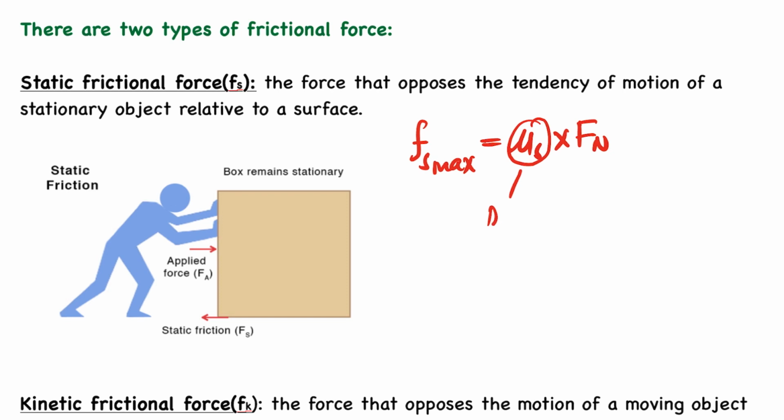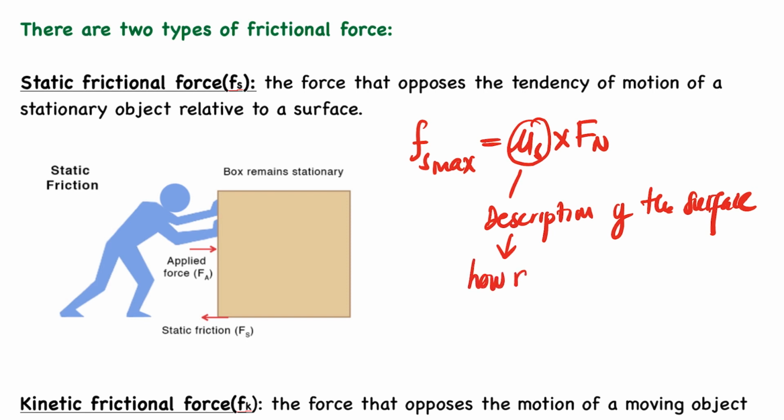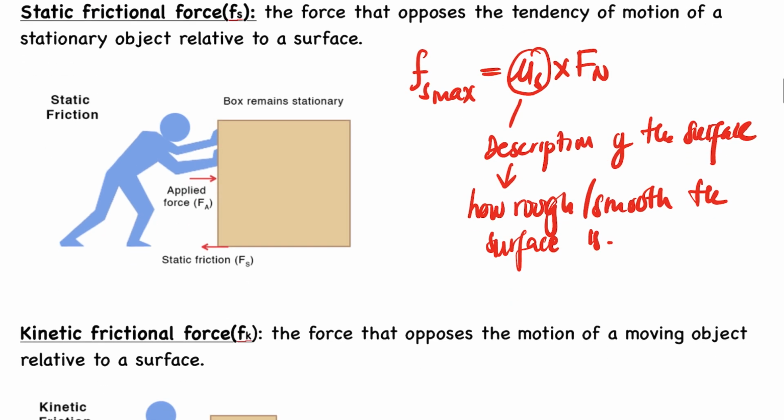What is mu s? Mu s is a description of the surface. What do I mean by the description of the surface? How rough or smooth the surface is.